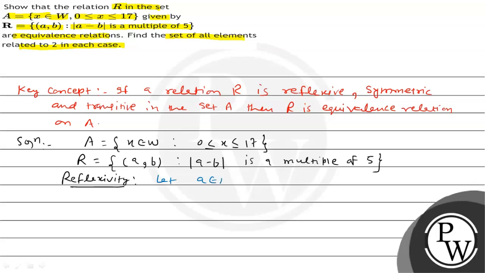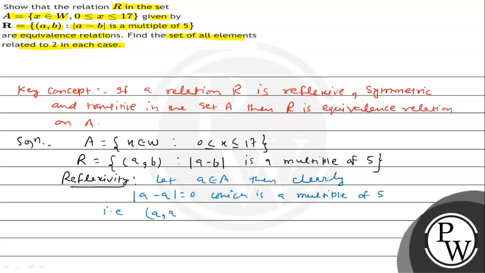Let a belong to set A. Then clearly |a − a| = 0, which is a multiple of 5, that is (a, a) belongs to R for all a belongs to A. Therefore R is reflexive.